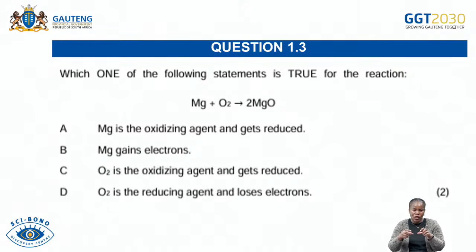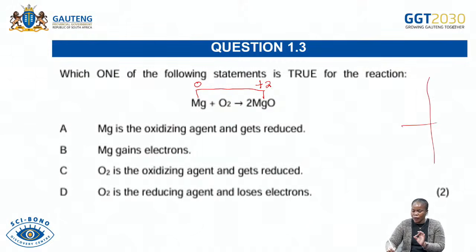Over here magnesium was 0, and over here magnesium is +2. So what has happened? There was an increase in the oxidation number. If there's an increase in the oxidation number, it means that oxidation took place here.